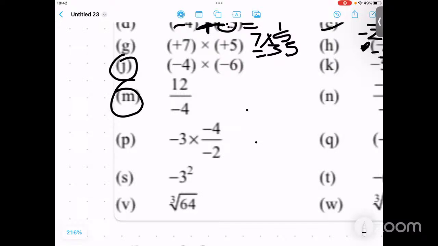The answer is going to be negative what? 10. -10. Remember, we are multiplying a -4 with a -6. Oh, okay. So the answer is... There's multiplication here.